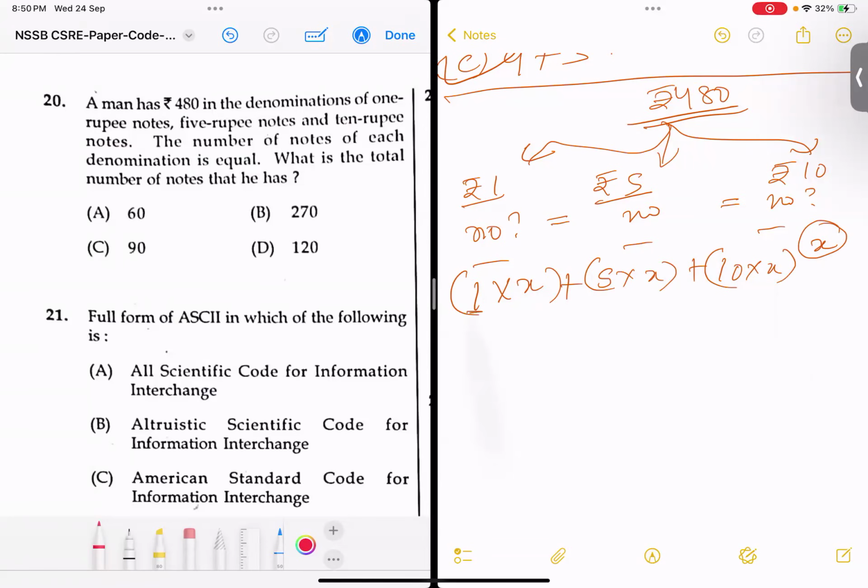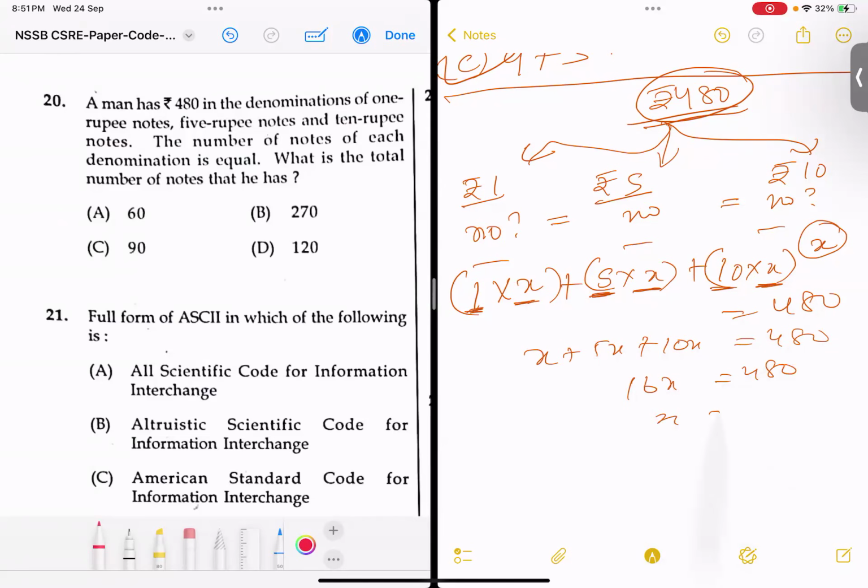If you multiply the value of each note by the number of notes and add them, we get the total, 480. Now, X plus 5X plus 10X is equal to 480, right? So if we add it, it is 16X is equal to 480. X is equal to 30, right?